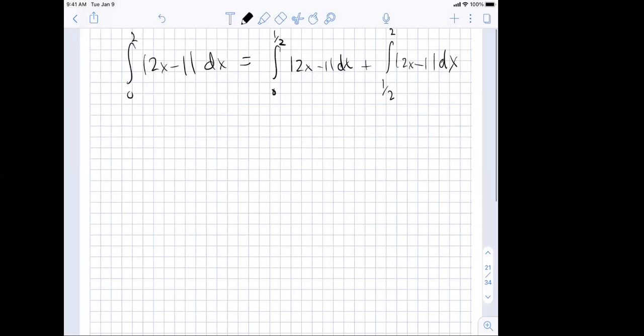So that was one of those properties of integrals I showed you the other day. And it's pretty intuitive. It says if you want to find the area of a whole shape, you can add up pieces of the area, right?